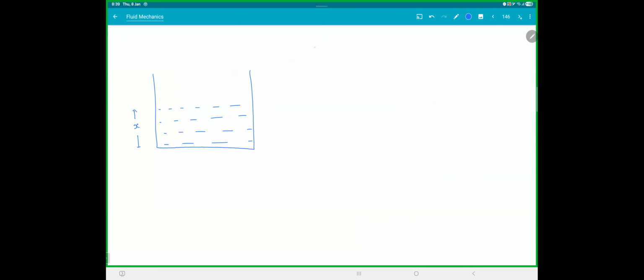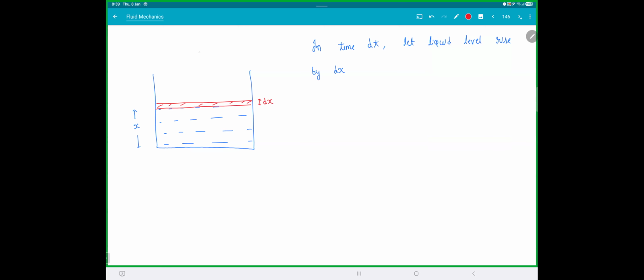So in time dt, let the liquid level rise by dx. So in a small time dt, this liquid level goes up by dx.